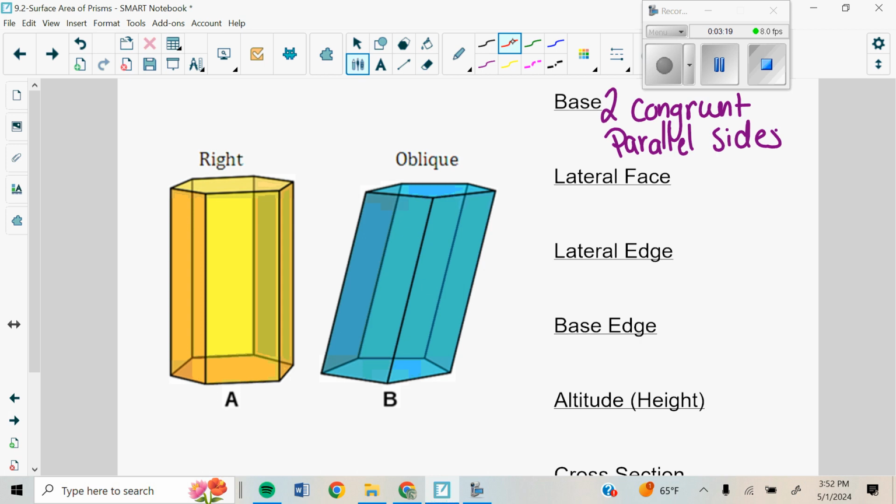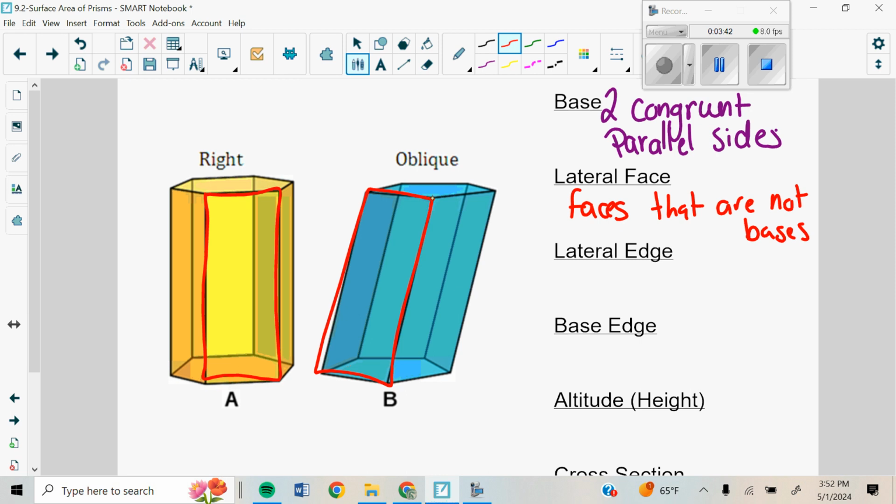These are the faces that are not bases. So faces that are not bases. And so these would be like, a lot of times kids think of them as like the sides of the shapes. So these would be lateral faces.